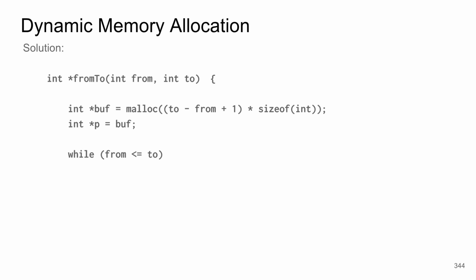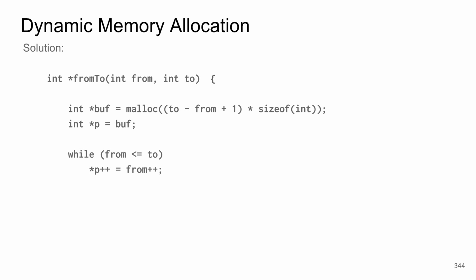So up here, we declare an int pointer p, and initialize it to the beginning of buff. And then we say while from is less than or equal to 2. Then within the body of this loop, we're just going to set whatever our pointer p is currently pointing to, to whatever the value of from currently is. Then we'll increment that value of from.